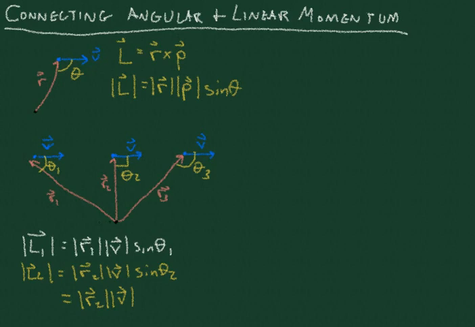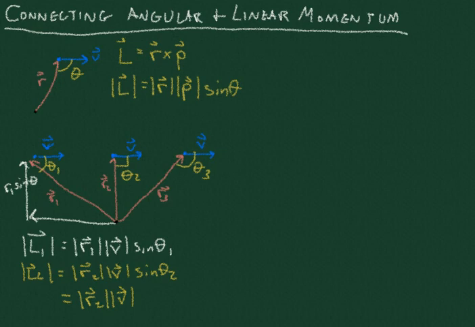So R1 has two components. We have an x component, which is R1 cosine theta, and we have a y component, which is R1 sine theta. Well, R1 sine theta, the magnitude of this vector is exactly the same as the magnitude of R2.